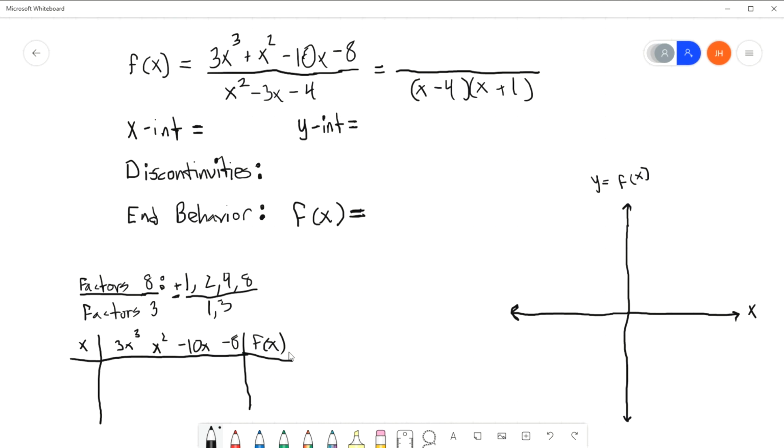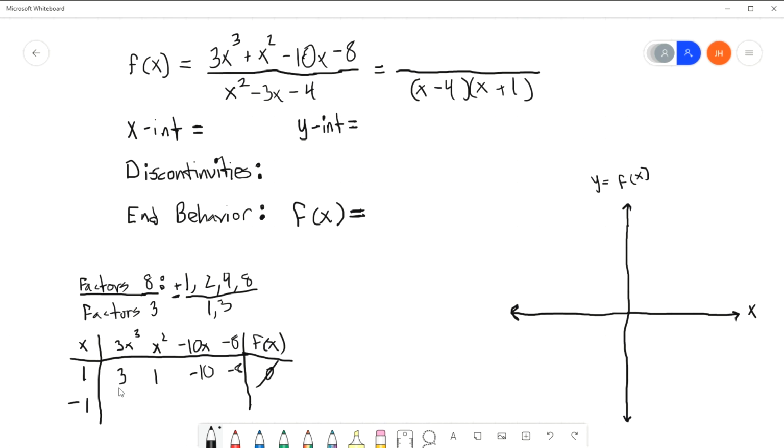I like to personally start out with the ones just because I think that they're the easiest to plug in. So 1 over 1 would make positive 1, so I'm going to try out positive 1. That would make 3 here, 1, minus 10, minus 8. Is that going to be 0? No, it's not going to be 0. I don't even care what this actually adds up to, right? I just know that it doesn't make 0. And all I care about is finding zeros of this top function.